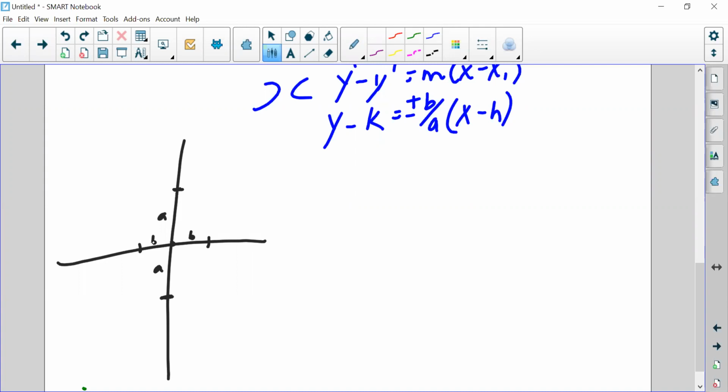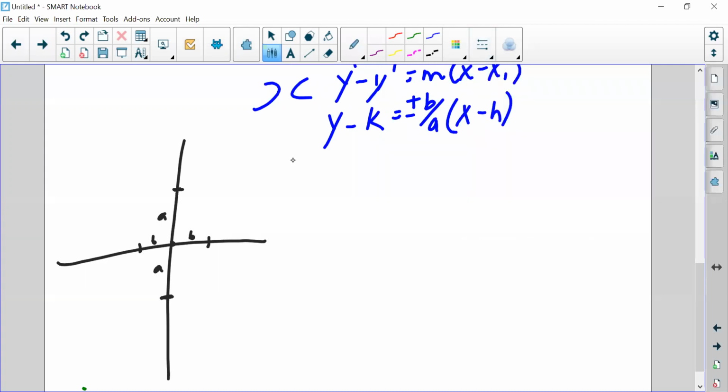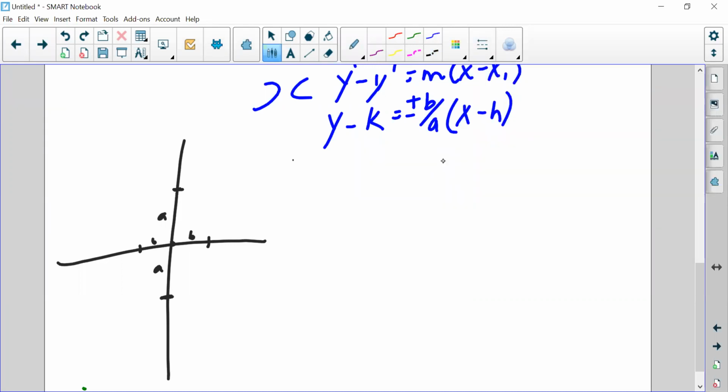Okay, so there's that box that's connecting.